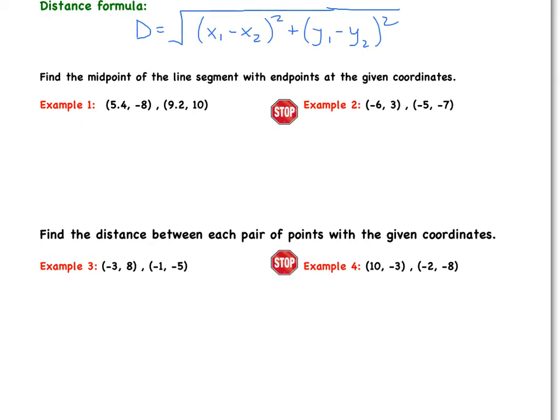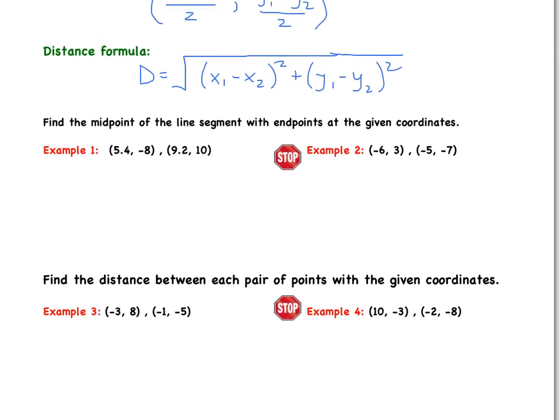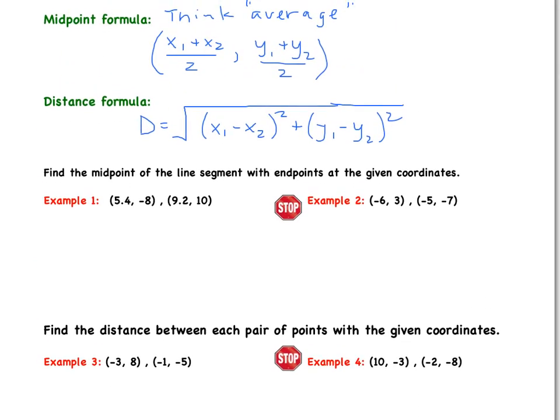So remember, the midpoint is the average of our x's and the average of our y's. To find the midpoint here, we add up our x's, 5.4 plus 9.2, and divide by 2. To get our y coordinate, we add up the y's, -8 plus 10, and we divide by 2.